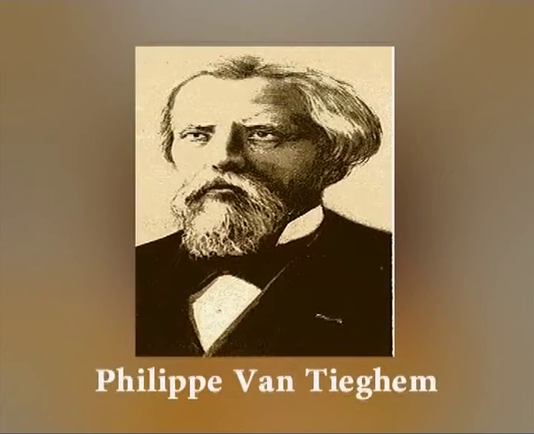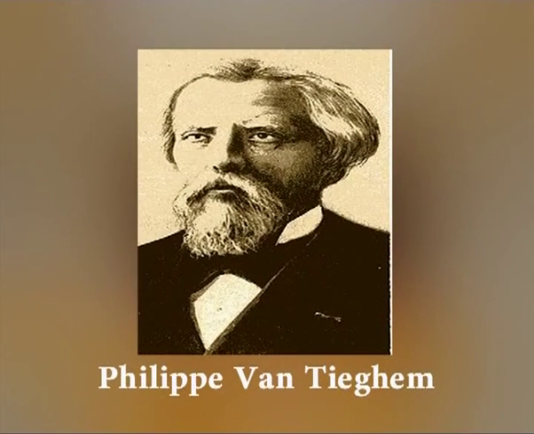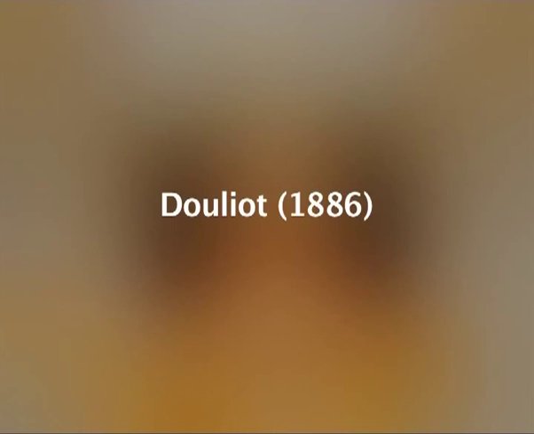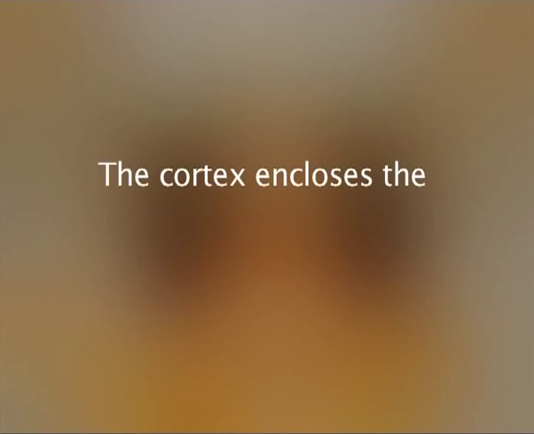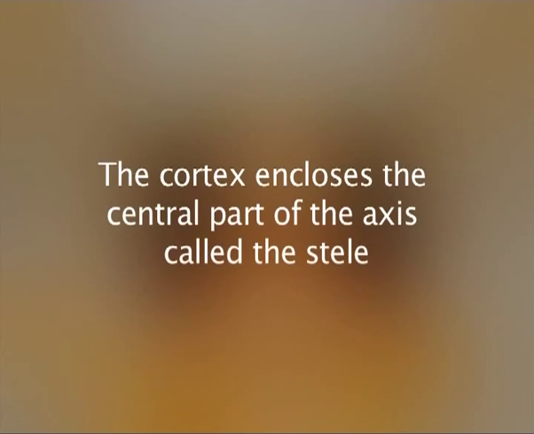The stelar theory was proposed by Van Tieghem and Douliot in 1886, according to which the root and stem are fundamentally similar in gross anatomy, because in both the cortex encloses the central part of the axis called the stele.